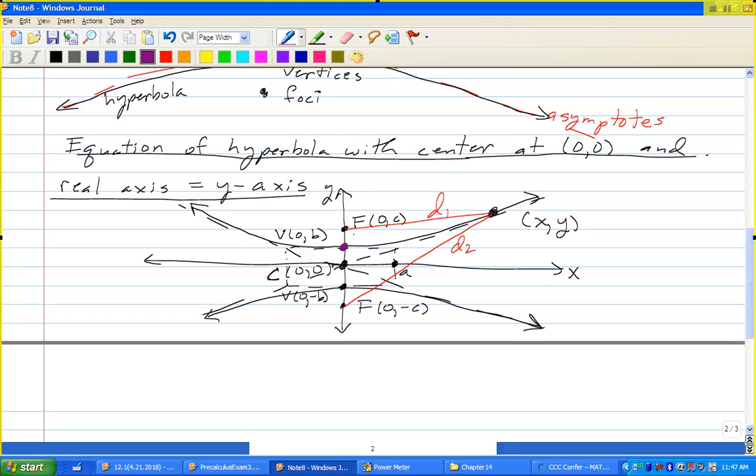So this distance to the focus is going to be c minus b.